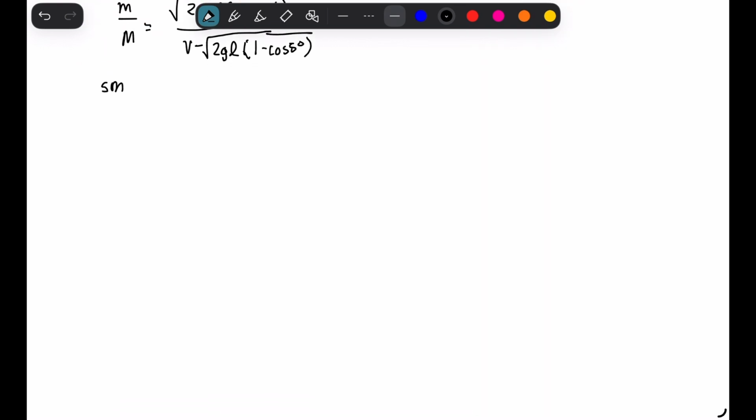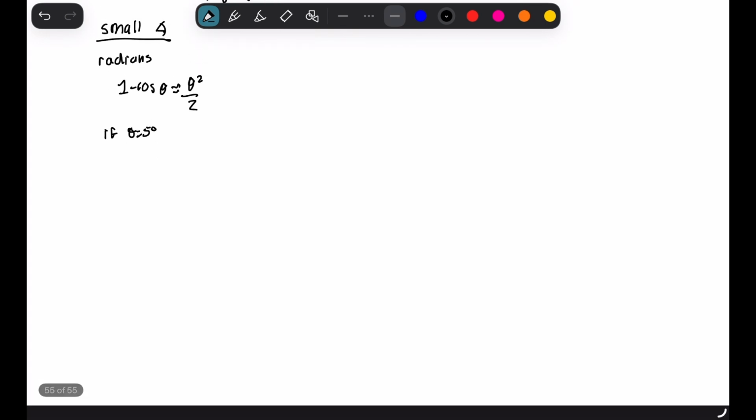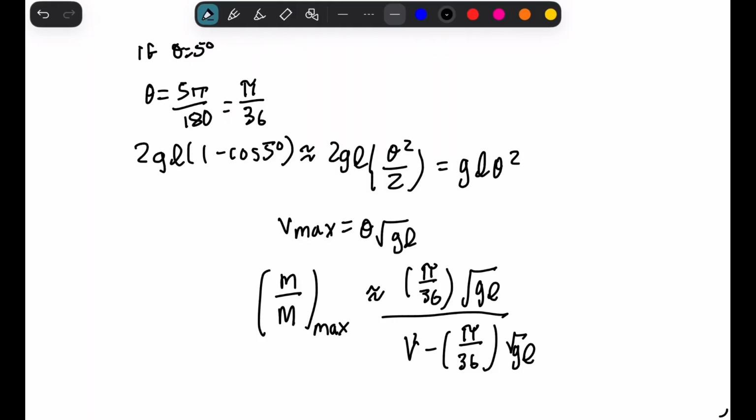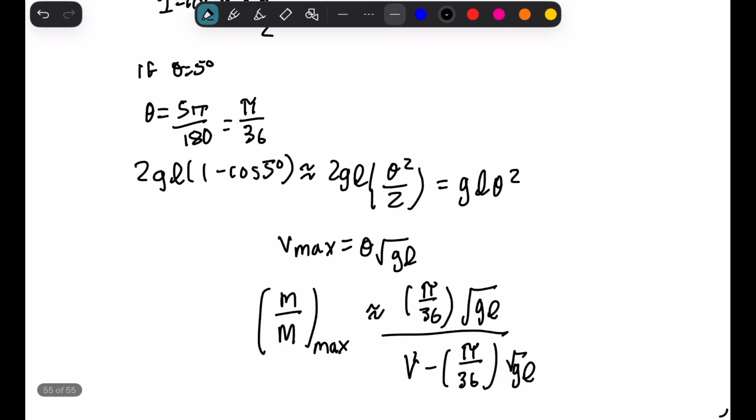Now, optionally, if we had a small angle, when you have very small angles in radians, you're going to have 1 minus cosine of θ is approximately equal to θ squared over 2. So if we have θ equal to 5 degrees in radians, then θ is equal to 5π over 180, which is π over 36.